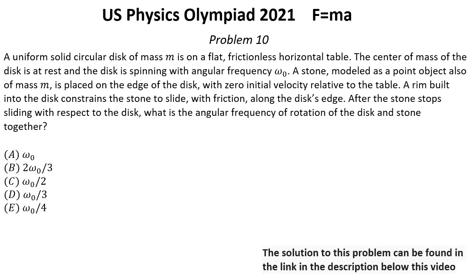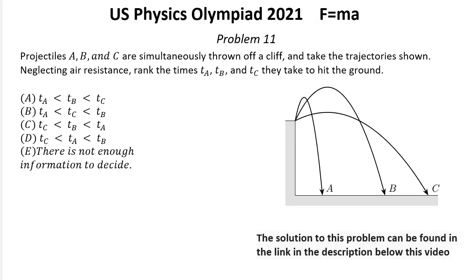A rim built into the disk constrains the stone to slide with friction along the disk's edge. After the stone stops sliding with respect to the disk, what is the angular frequency of rotation of the disk and the stone together?